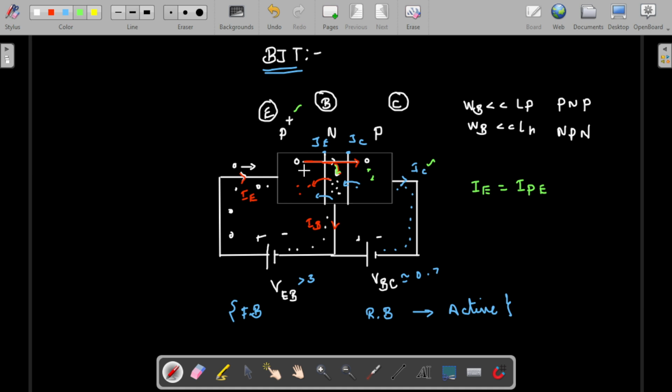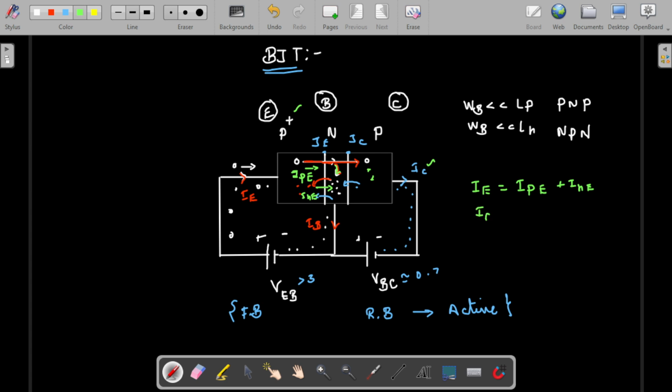IP is nothing but this one, so this can be named IPE, the hole current in the emitter terminal, plus INE, which is nothing but the movement of the electrons from here to here. As electrons are moving here, INE can be named this way. Both are contributing to IE.